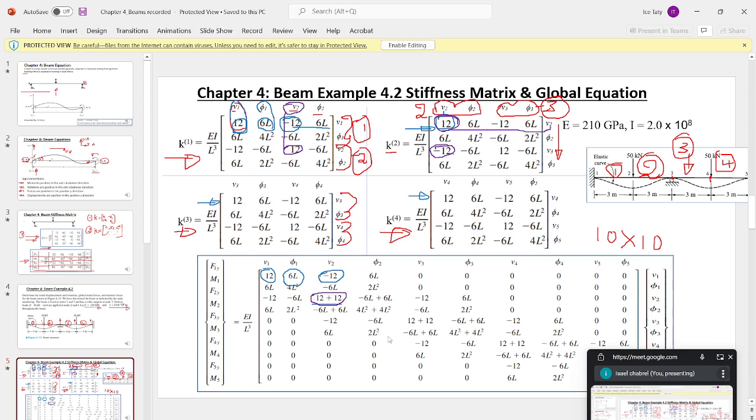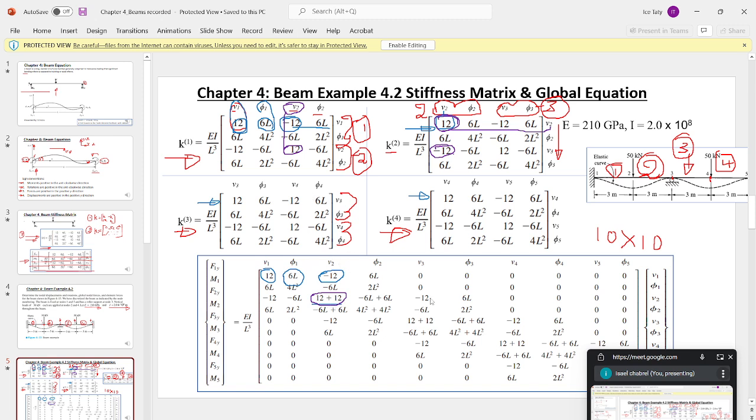Let's check the adding of 12 and 12 here. They have to fall under the same line. This one is between 12 and 12, and phi 2, right? V2 and phi 2. Is it phi 2 or V2?